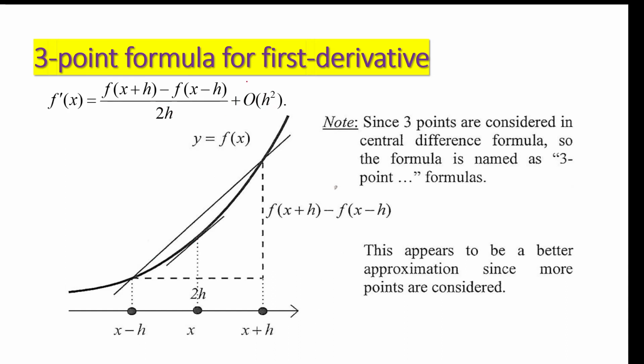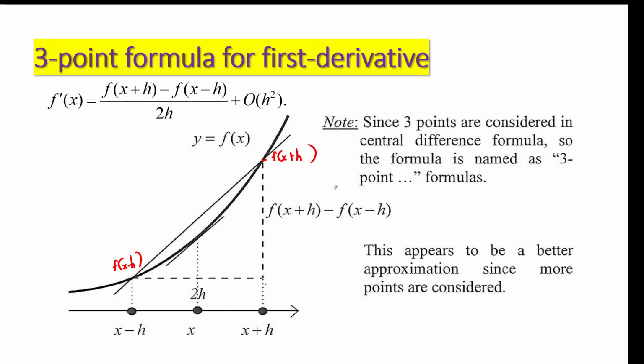Similarly, you can derive it using Taylor series expansion or using geometry. With x at the center, you have the point ahead x plus h and the point backward x minus h, with y values f(x minus h) and f(x plus h).